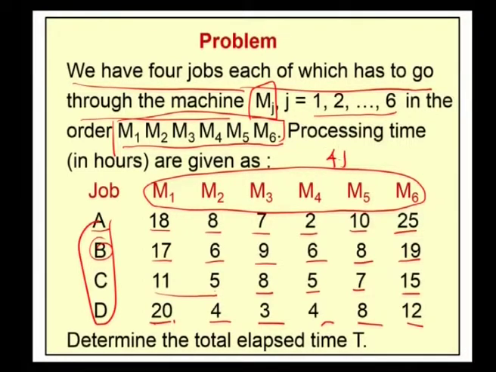So, the given problem is a 4 job 6 machine problem, and the processing order is first M1, then M2, next the job goes to machine 3, next machine 4 and machine 5, finally it comes to machine 6. So, we have to solve this 4 job 6 machine problem.